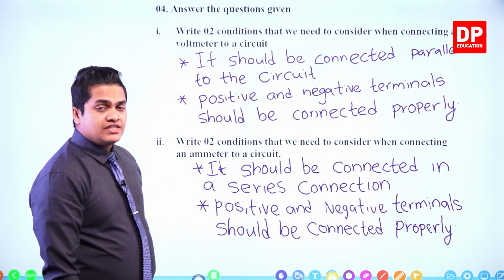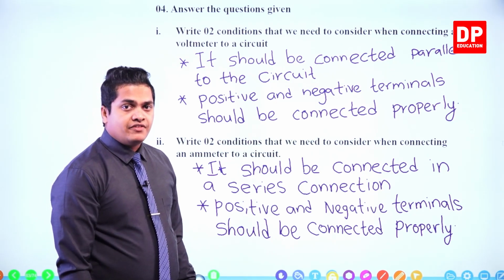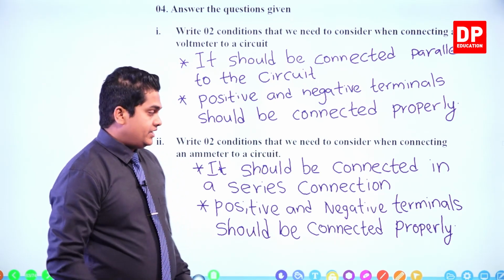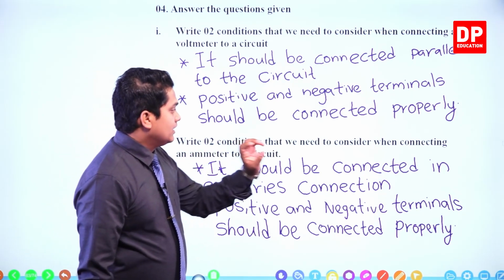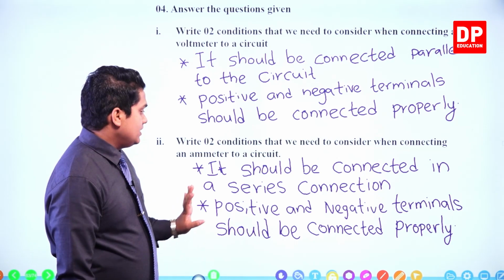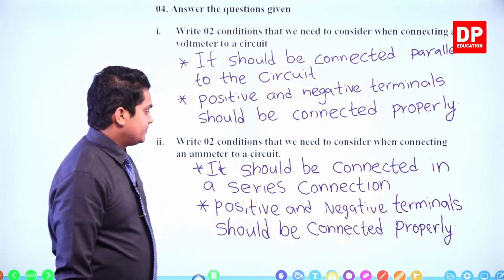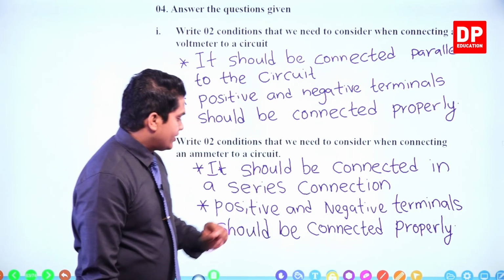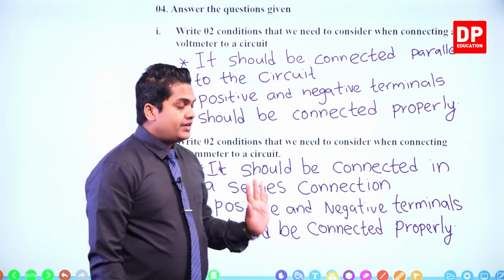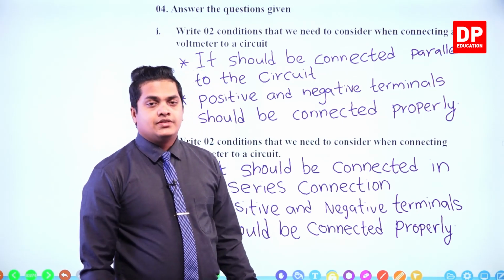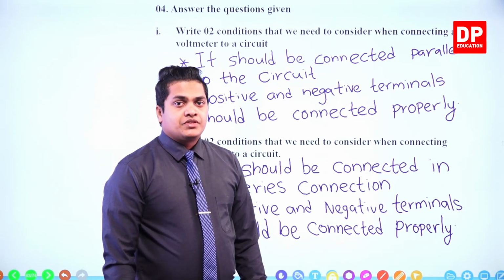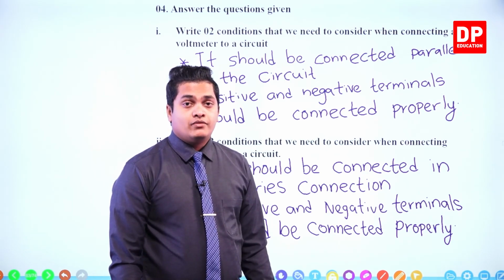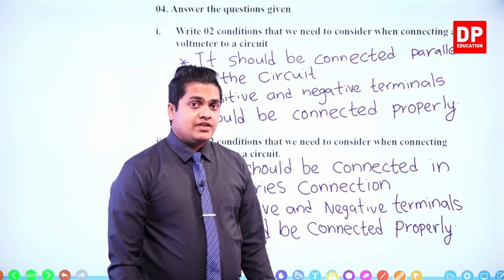Right? So these are the two main facts that we need to follow when you are connecting an ammeter to a circuit. First fact is, it should be connected in a series connection. Second one, positive and negative terminals should be connected properly to the circuit. So these are the important facts that you need to follow when you are connecting a voltmeter or an ammeter to a circuit.